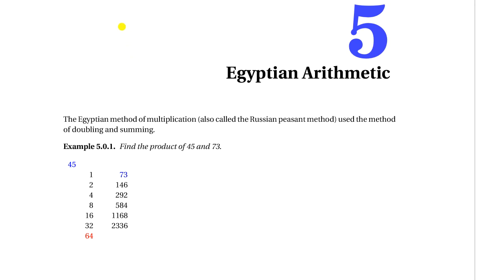It doesn't matter which one we use, but putting the smaller number here is better. And the method is to start with the number 1 and get the doubles of those numbers, matching that one with the other number that we want to multiply.